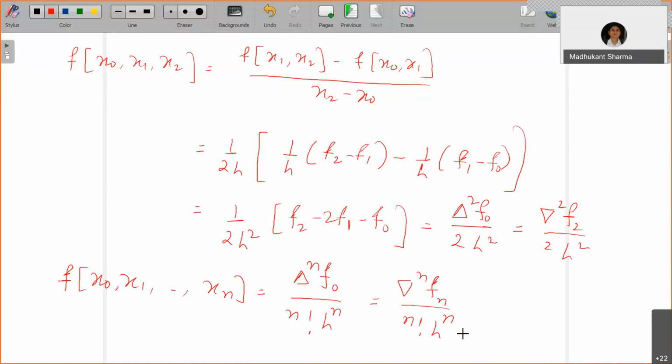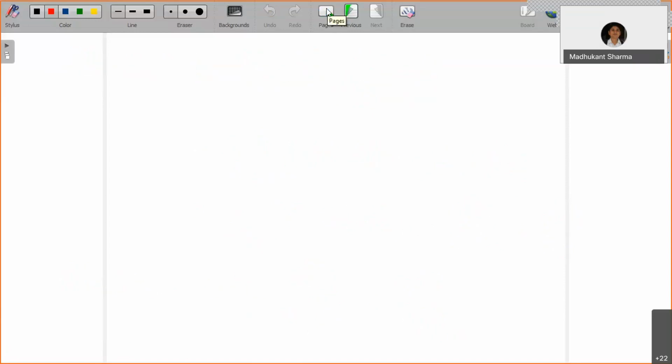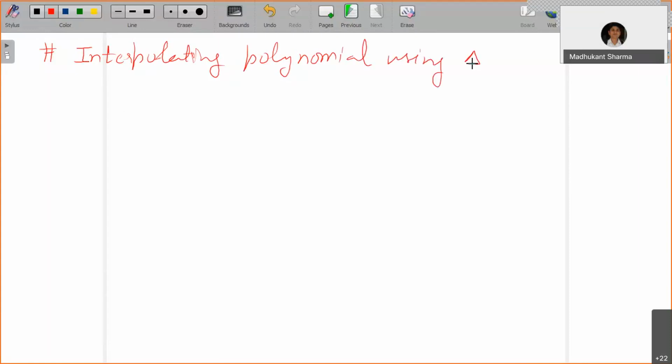Right. So let's write the interpolating polynomial using forward difference and backward difference. If you use the forward difference, it is known as Newton's forward interpolation formula.